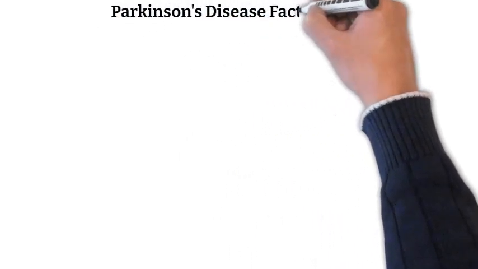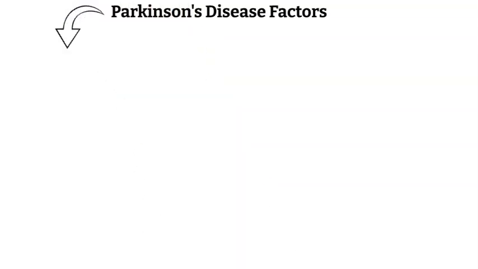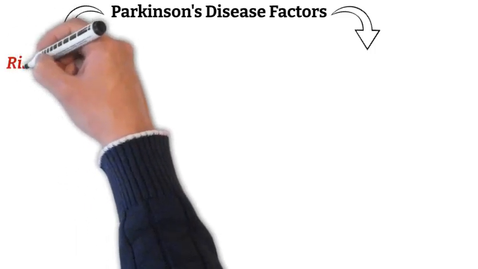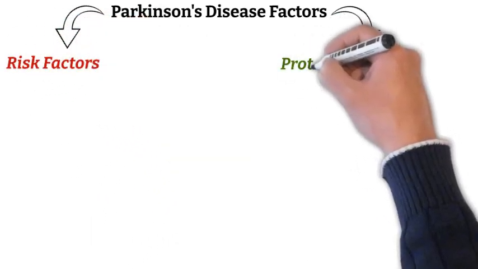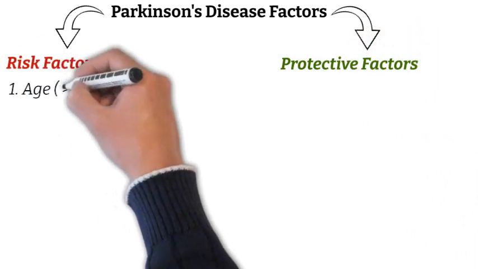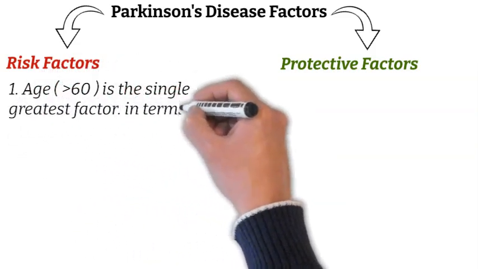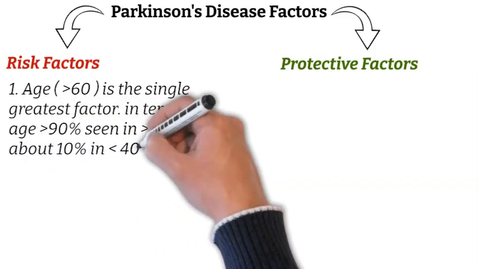Parkinson's disease factors. So basically, we have two different factors. One is risk factors: what are the risk factors that predispose to Parkinson's disease? And we have protective factors, which protect us against Parkinsonism. The first one is age, the greatest risk factor.